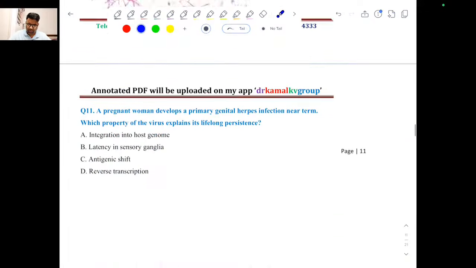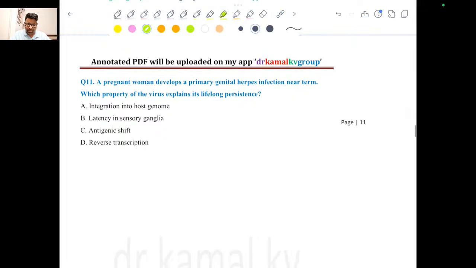Very good, Priya, very good, Gaurav. So now moving forward to next question. A pregnant woman develops primary genital herpes near term. Now the question is about which property of the virus explains its lifelong persistence.